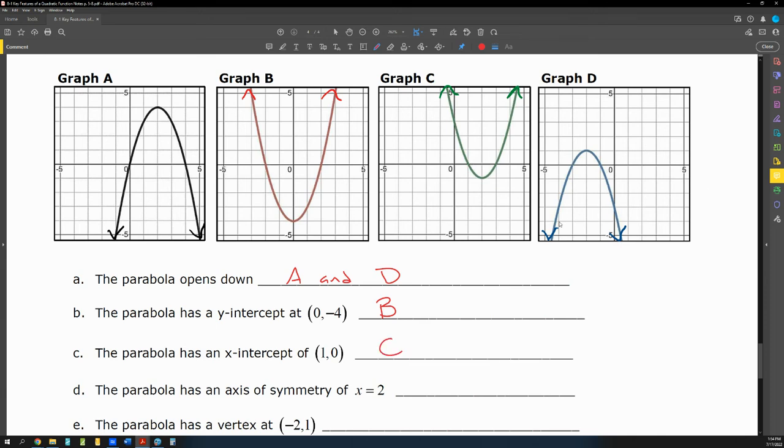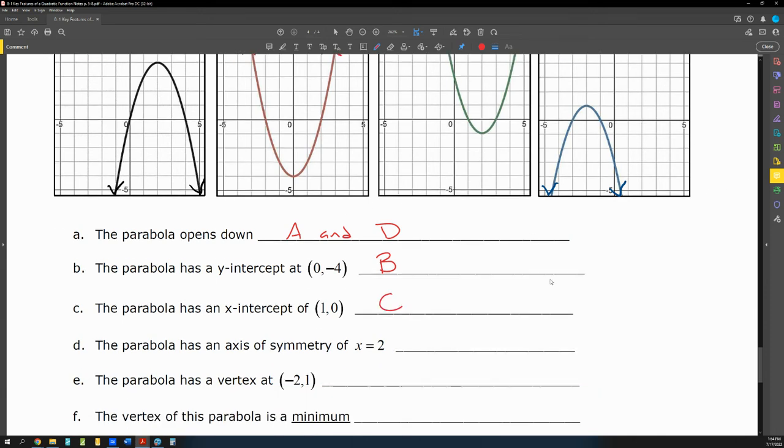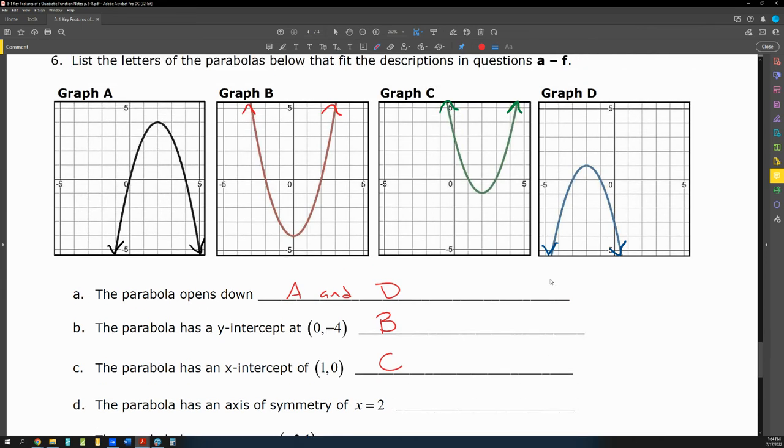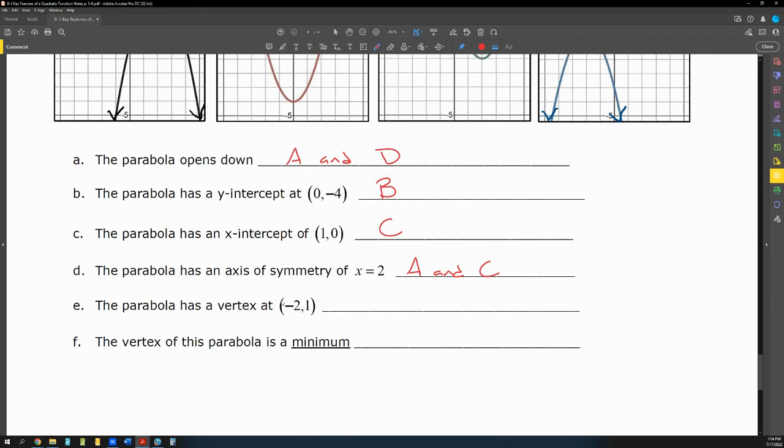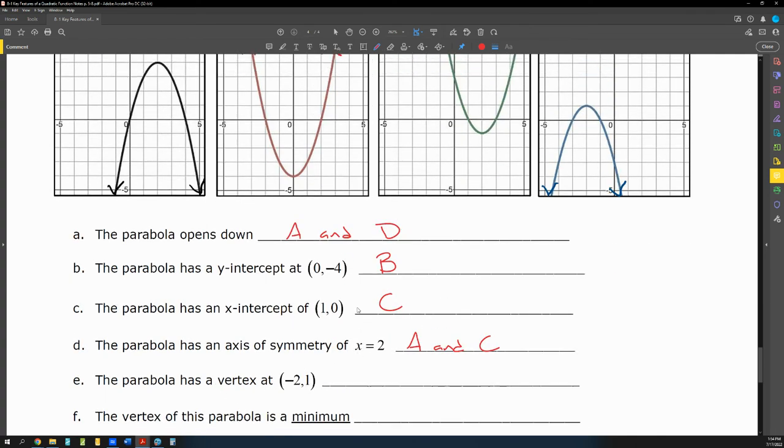And D does not. The parabola has an axis of symmetry of x equals 2. So looking at these, which ones are symmetrical about the line x equals 2? The answer, letter A does, B does not, C does, D does not. So A and C. The parabola has a vertex at negative 2, 1.